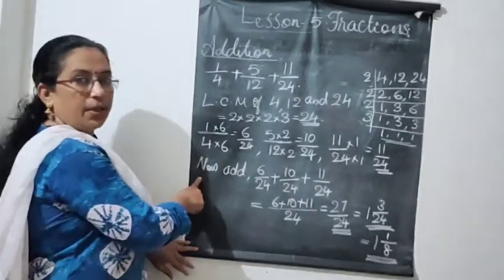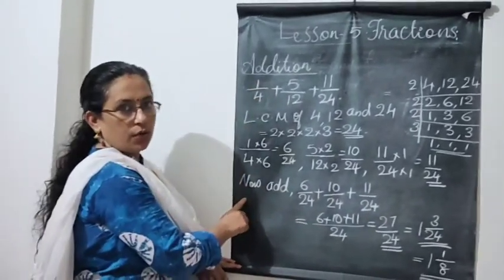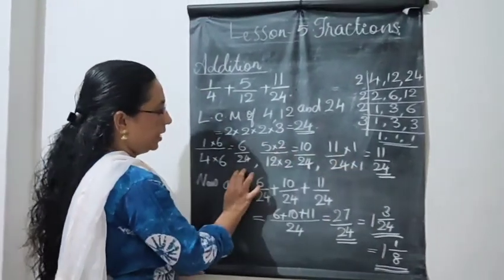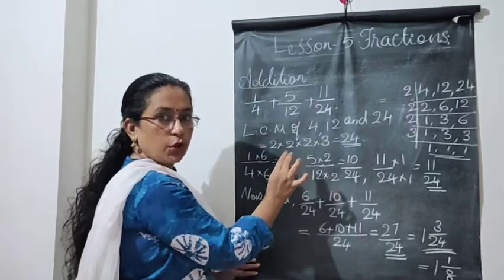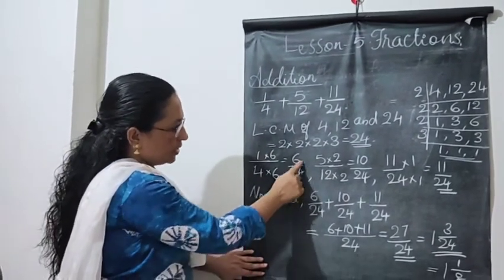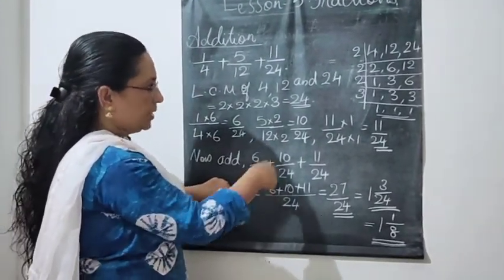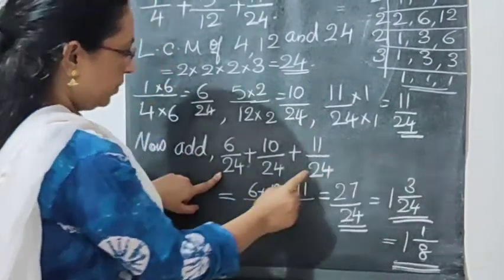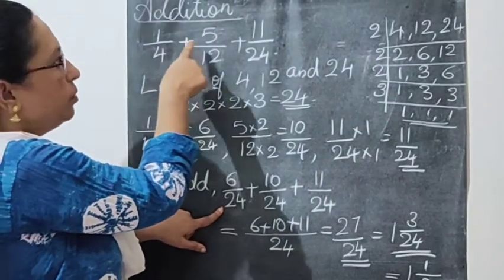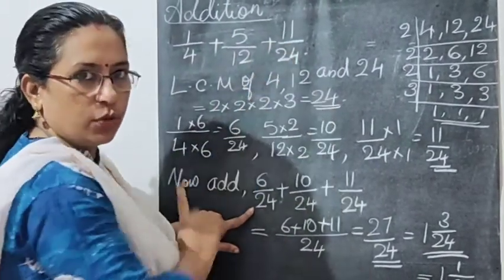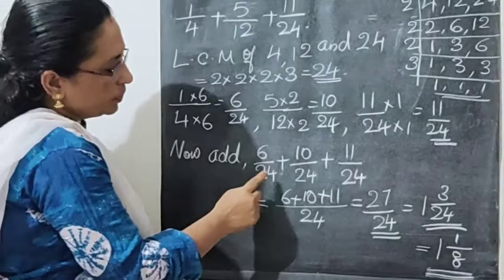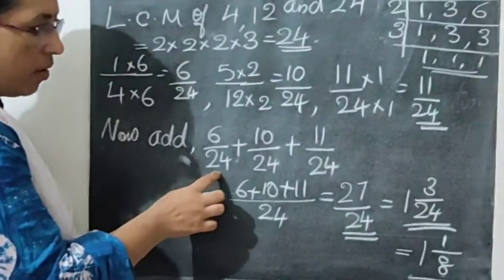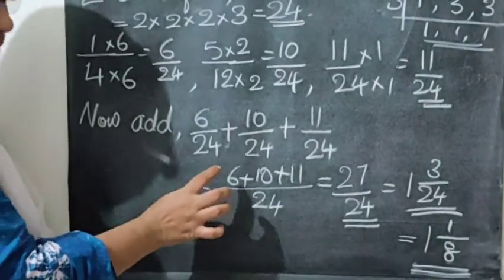Now the next step, add. It is an addition, so now we have to add all these fractions. Whatever fractions we have converted to the denominator 24, write down 6 by 24 plus 10 by 24 plus 11 by 24, instead of 1 by 4, 5 by 12 and 11 by 24. Now check all these denominators. All the denominators are 24.